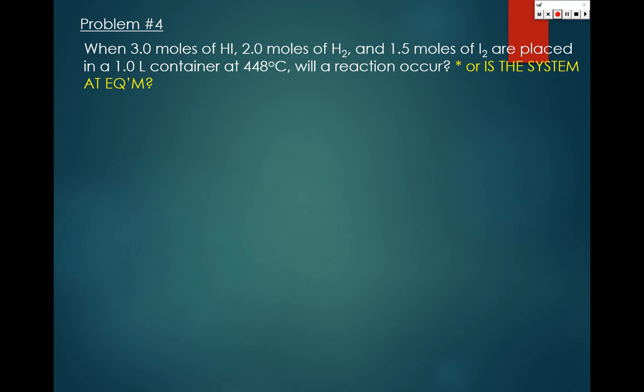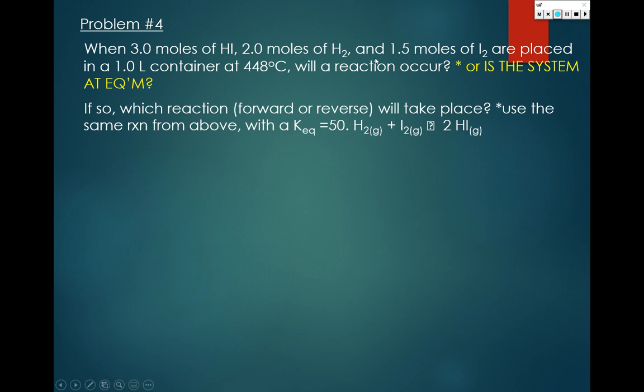We're given an amount of everything, and it doesn't say initially they're placed in a container and what's happening. Your textbook, I can't remember if they're sneaky, but I will be very specific: is the system at equilibrium? I'm asking you. I don't want you to do ICE because that forces it to be at equilibrium. You're also going to be given the KEQ value.